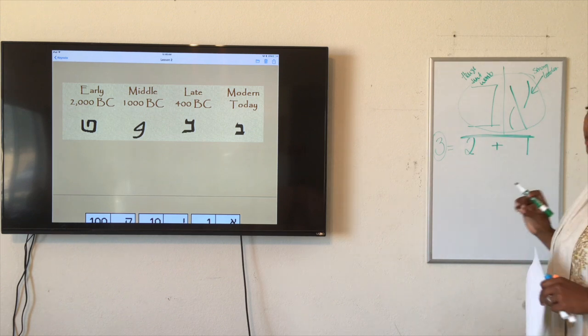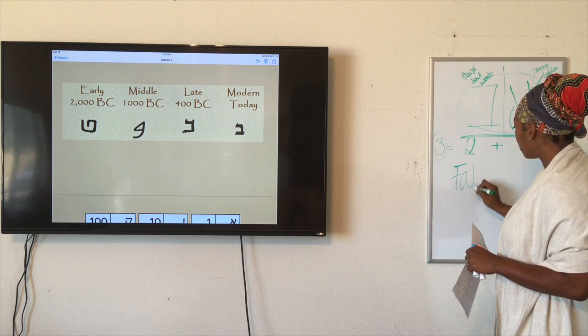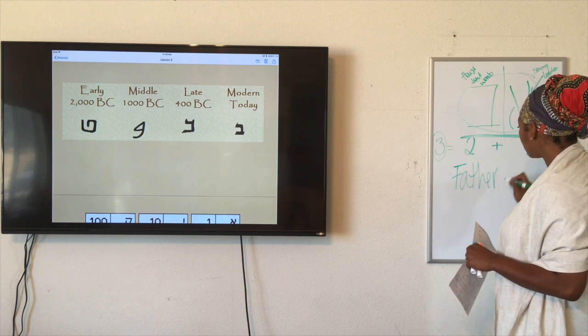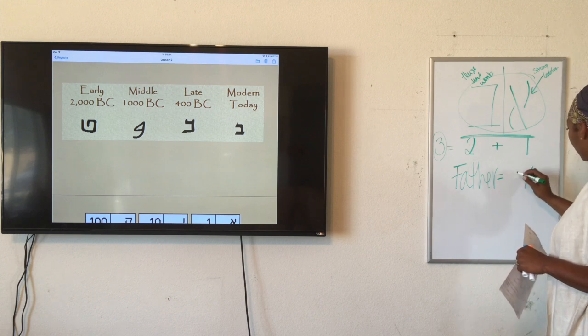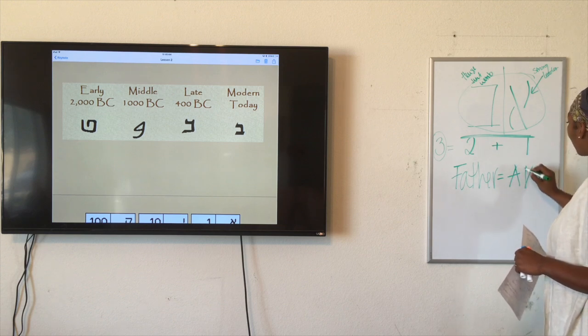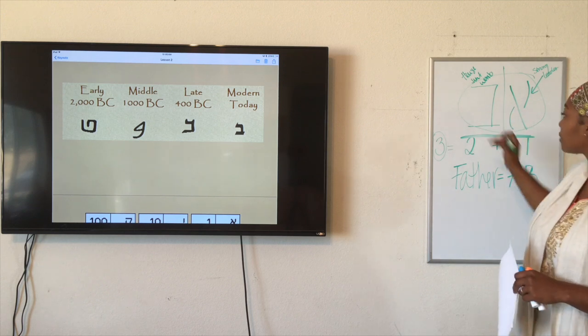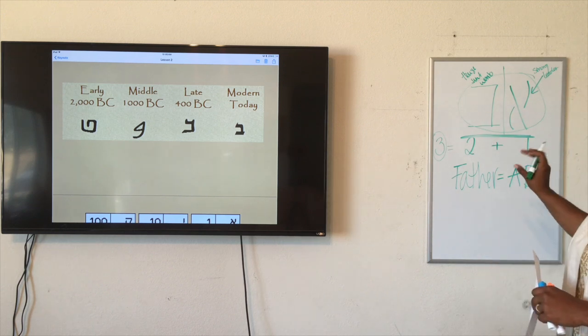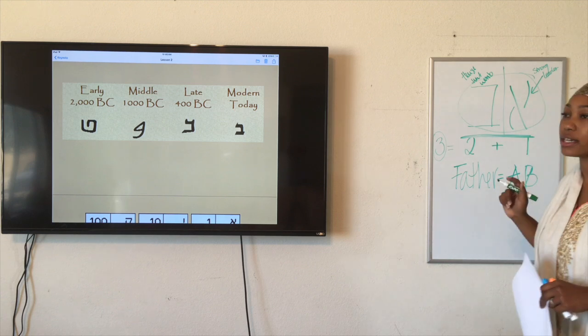What you're going to get is a picture of the father. So, father, and just to phonetically spell it, Ab. So, Aleph, Bet, Ab, Ab. And the Ab, or the father, is the picture of these two complete things.